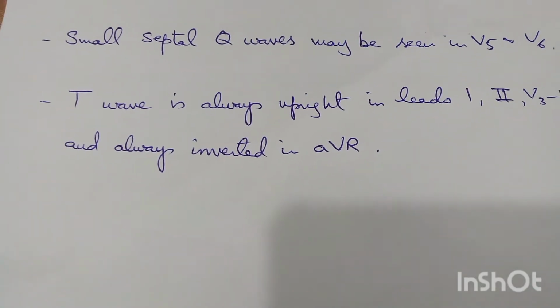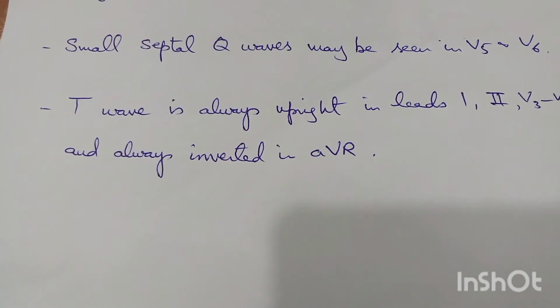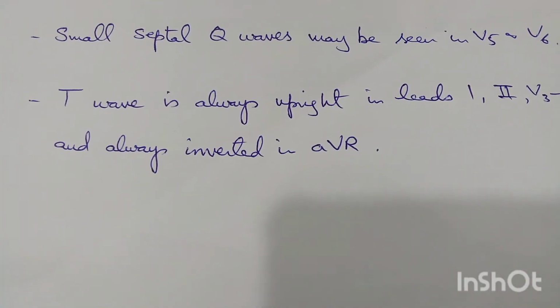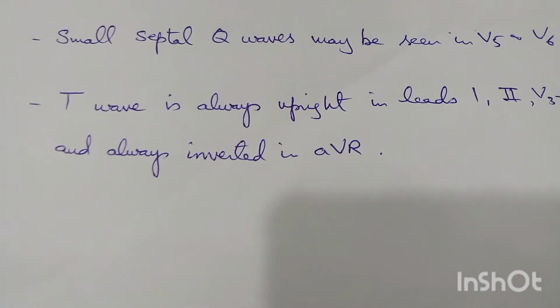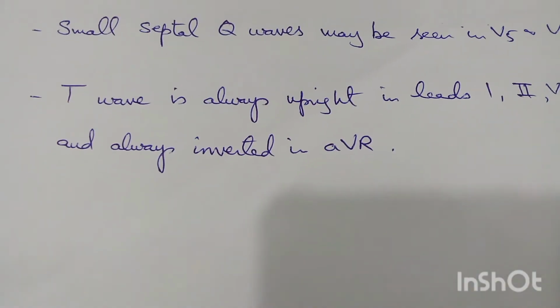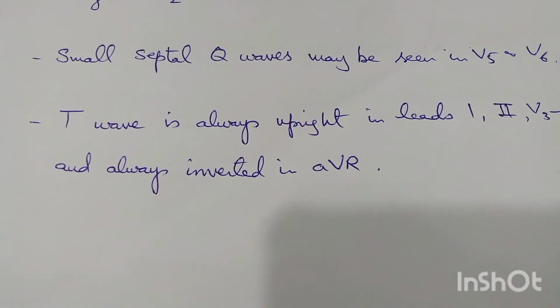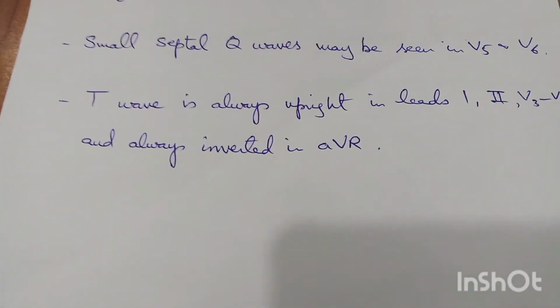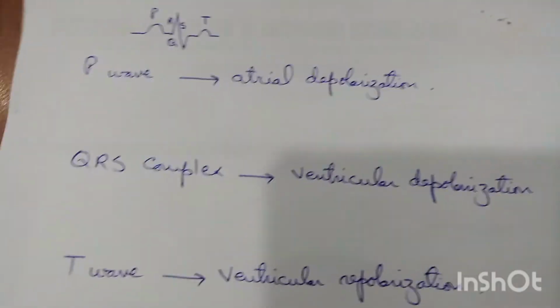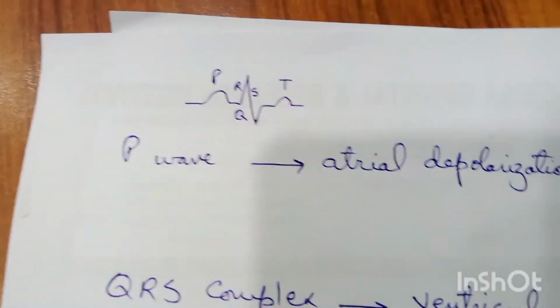If any wave is positive in the AVR lead, then it means that your placement of ECG leads is incorrect. So this was very brief about labeling of ECG waves.